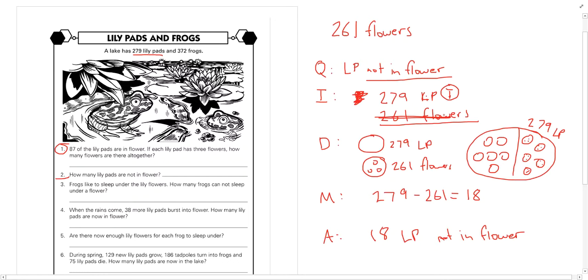So we need to get rid of this 261 flowers, and our other piece of relevant information was actually 87 lily pads with flowers.